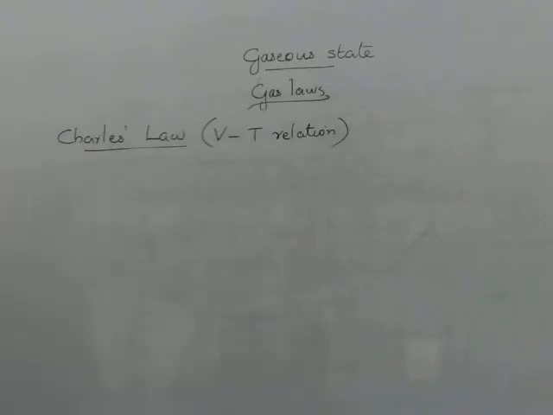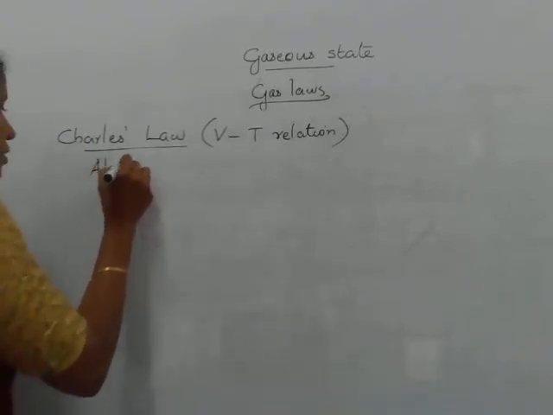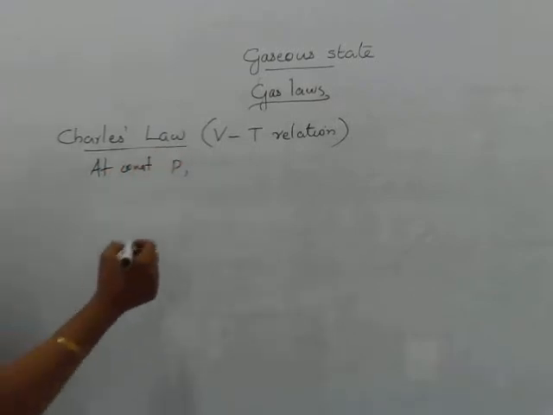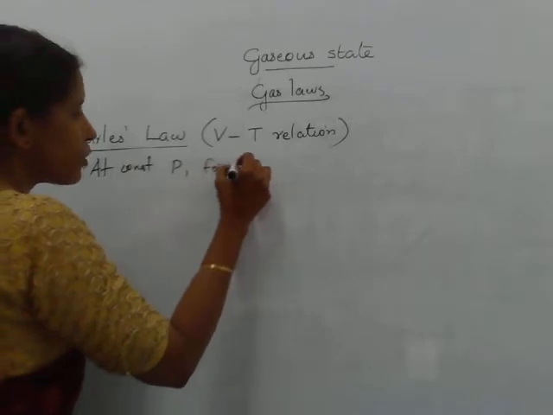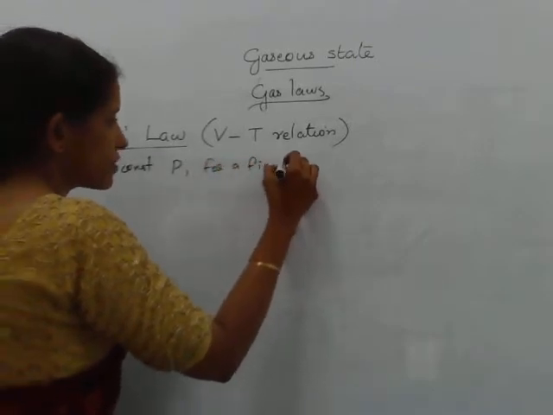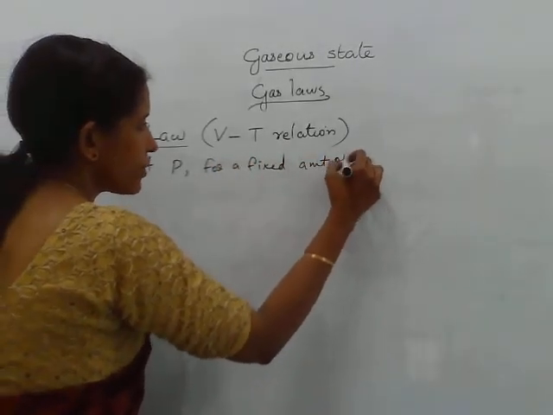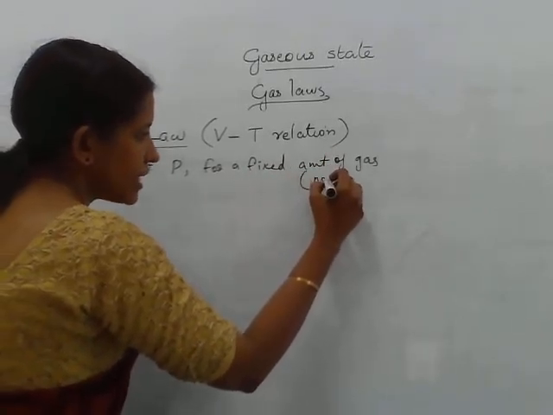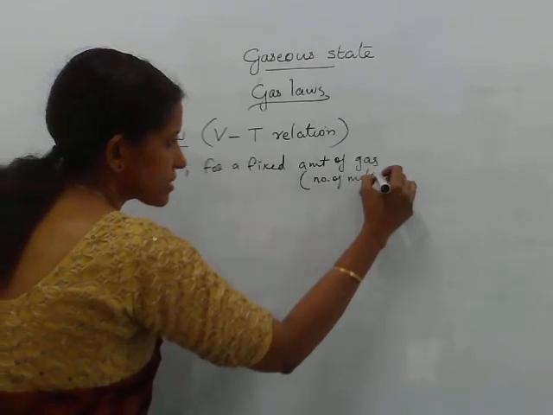This relationship was given by Charles, and Charles' law states that at a constant pressure, for a fixed amount of gas, fixed amount of gas means fixed number of moles, constant.